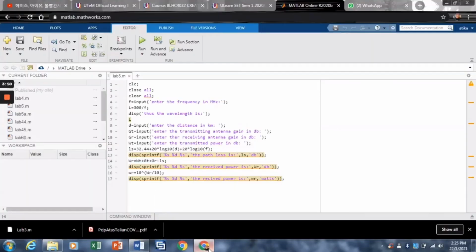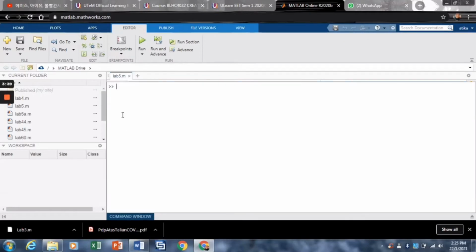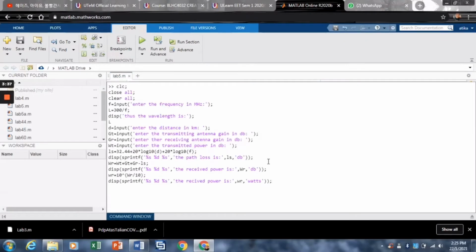For example, this is the coding simulation for a path loss analysis. I'm going to run this coding.